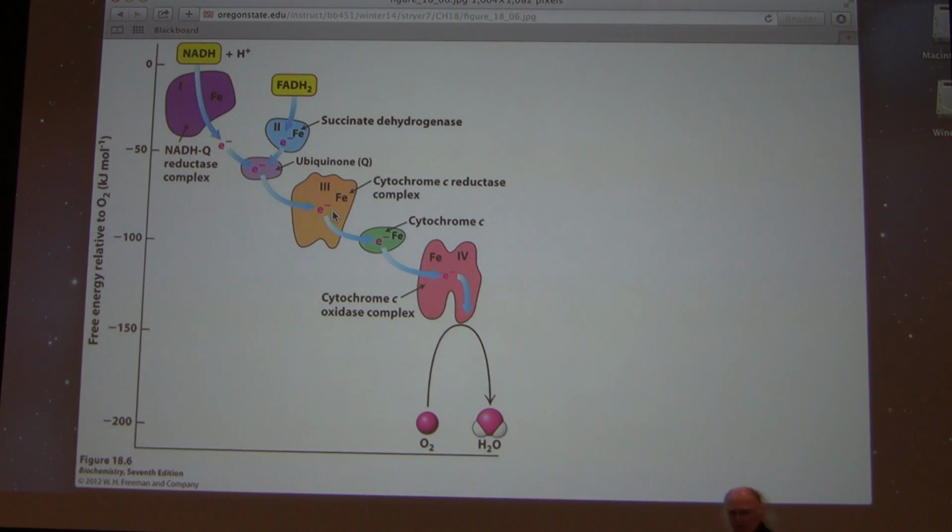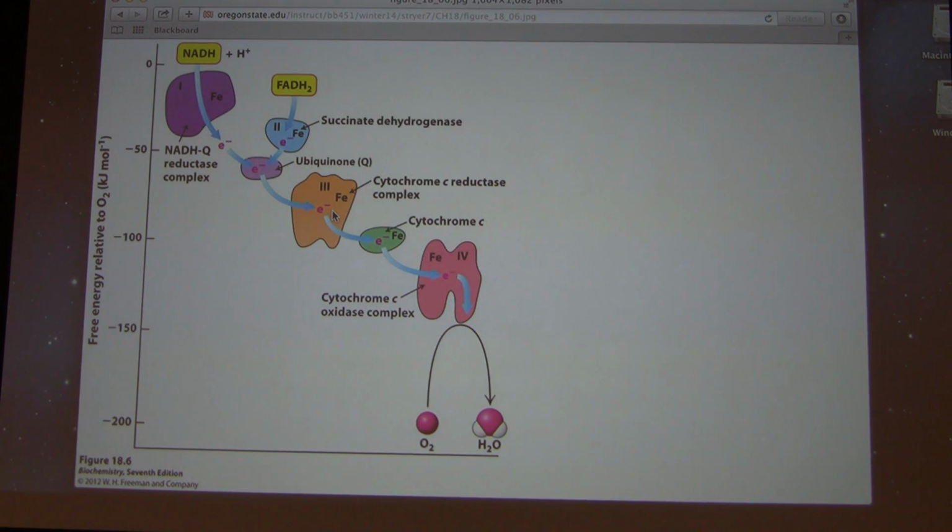Okay, well, this figure shows that same thing that I showed you last time in terms of the flow of electrons in a little bit different way. It's showing it with respect to free energy on the y-axis. So we see that free energy is decreasing, meaning this is energetically favorable for the movement of electrons going through the electron transport system.